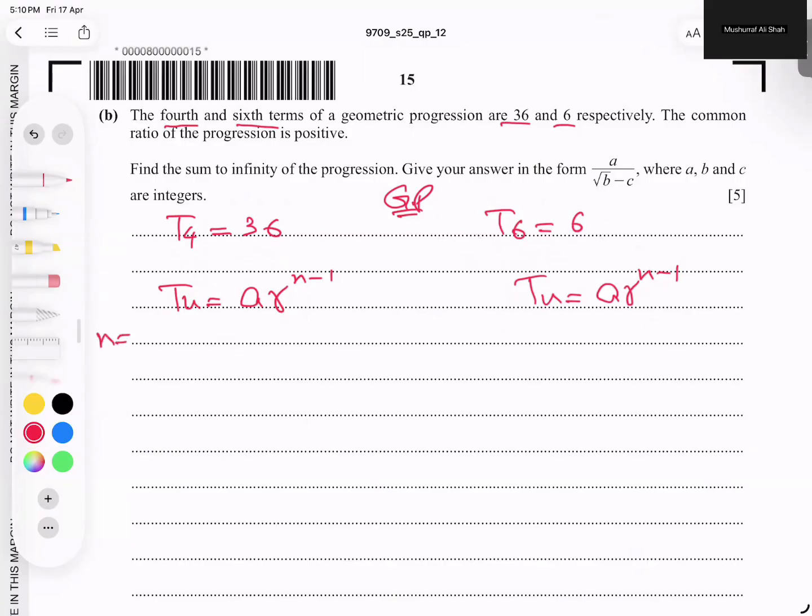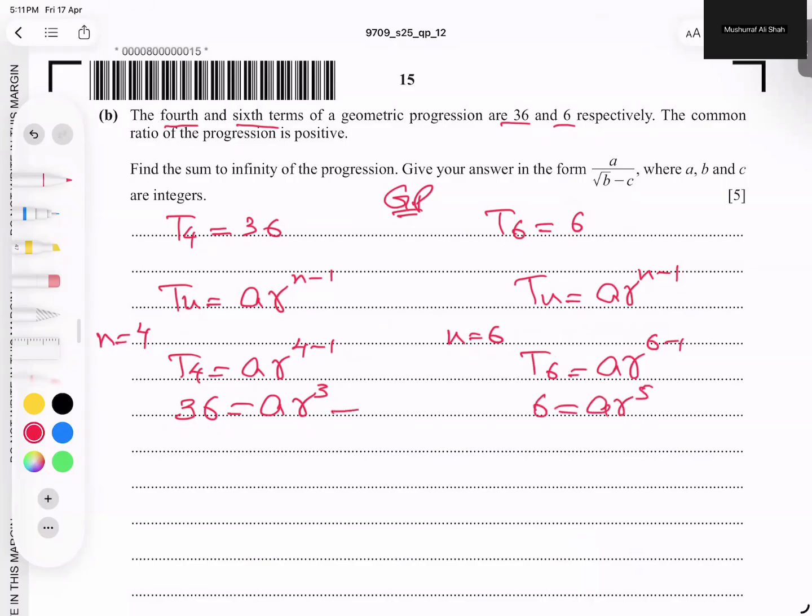Each n replaced by 4 and the second n by 6. So here I got T4 equals a r to the power 3, because 4 minus 1. T4 is replaced by 36. So a r cube equals 36. Here I replace 6: a r to the power 6 minus 1, so T6 is replaced by 6.